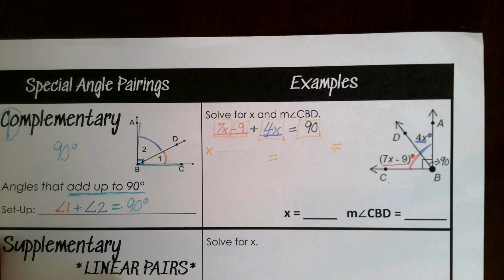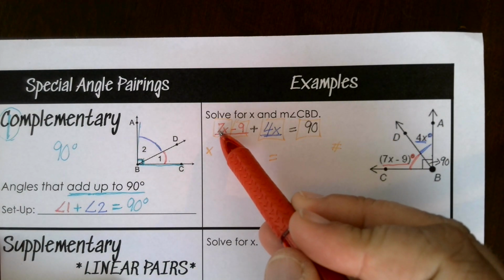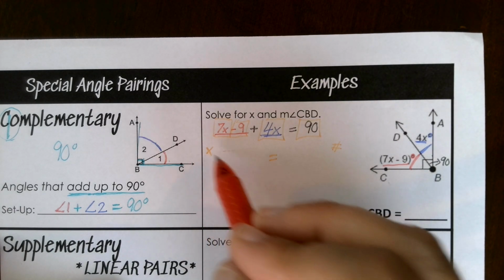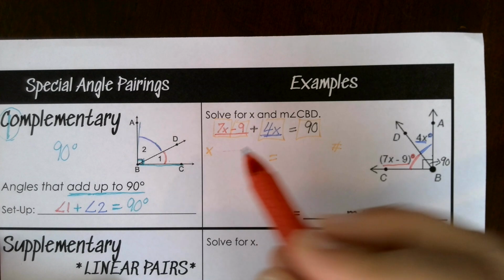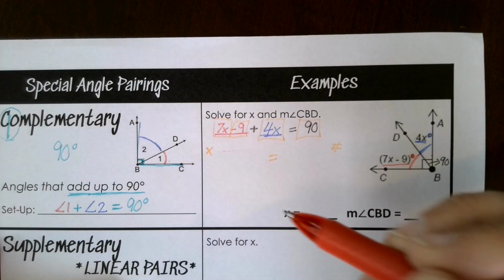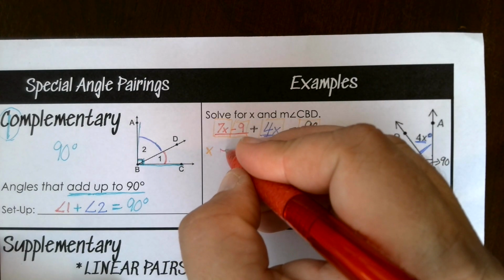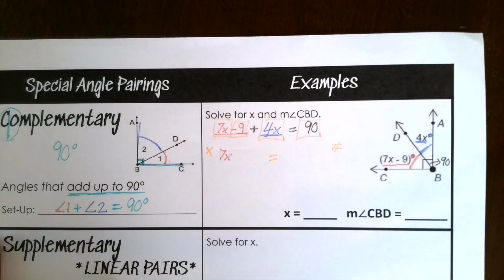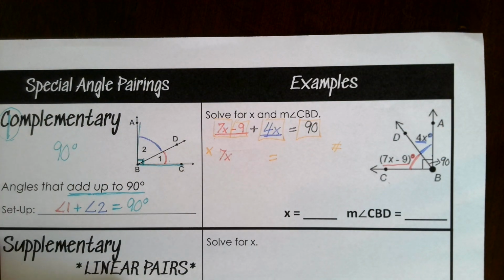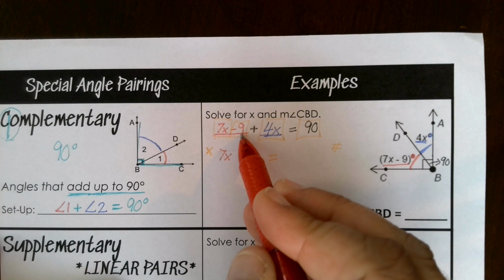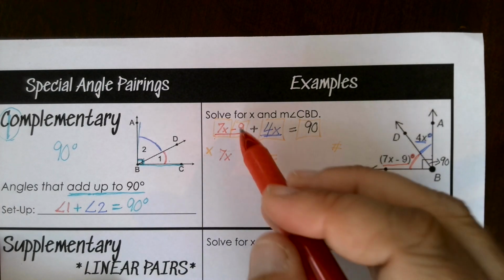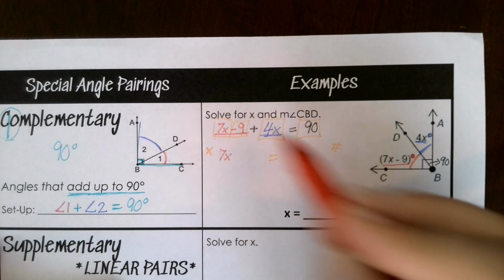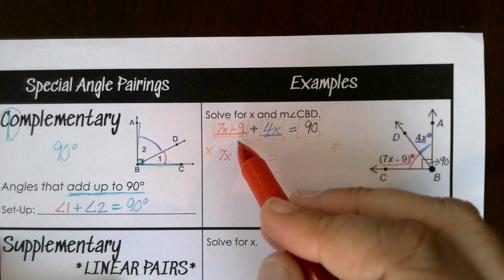So let's take each one. This first chunk, 7x, has an x in it. So we want it to go on the side with the x's. It's already on the left, so it stays on the left side. Cool beans. It stays where it's at. Okay. The next one we're looking at is a minus 9. It has no x, just a number, so it needs to go to the right.